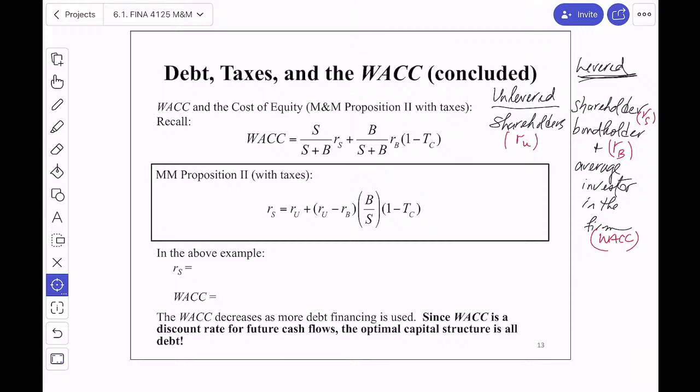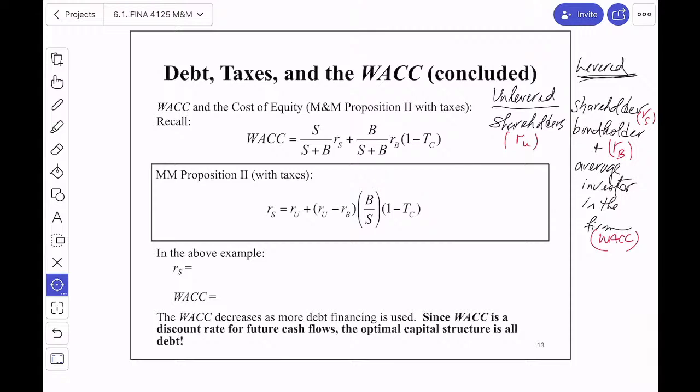So let's calculate those here, and we'll talk a little bit more about that after. So compute the return to shareholders in the levered firm and the average investor, and look at the difference. So what should I do?